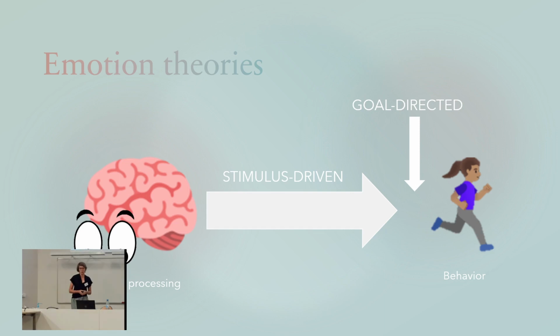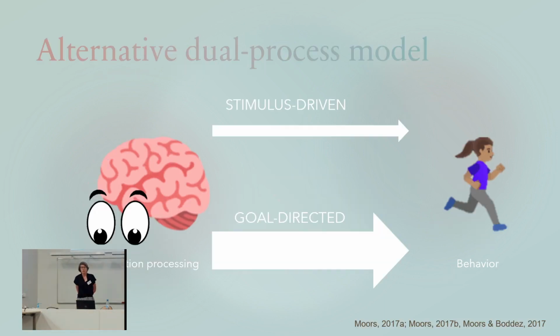In my PhD, I tested an alternative dual process model, which puts much more weight on goal-directed processes. This model says there is evidence that goal-directed processes can also operate automatically, so there is no reason to assume they can only come later.